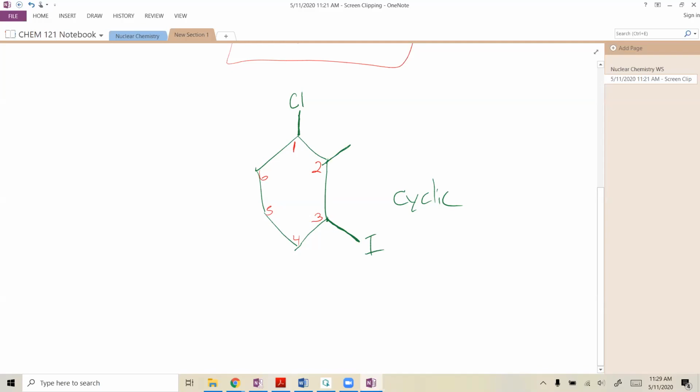Methyl. Methyl, so CH3. And then what do we have coming off of number 5? Propyl. And so how many carbons does propyl need? 3. 3. So we have 1, 2, and 3.